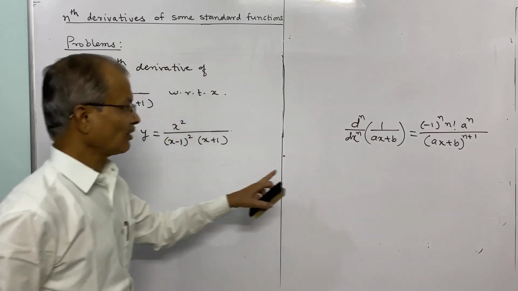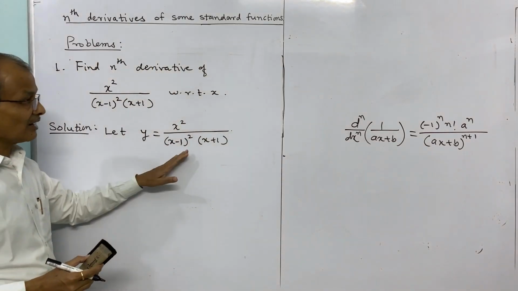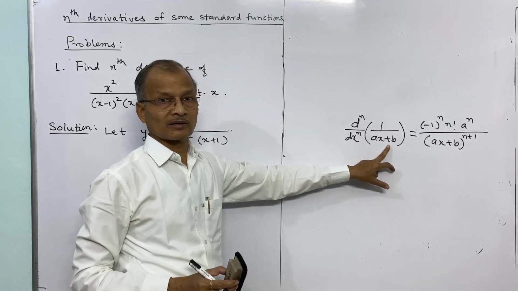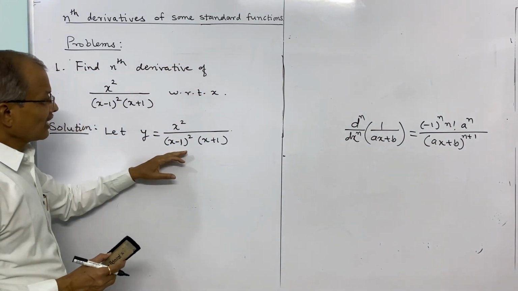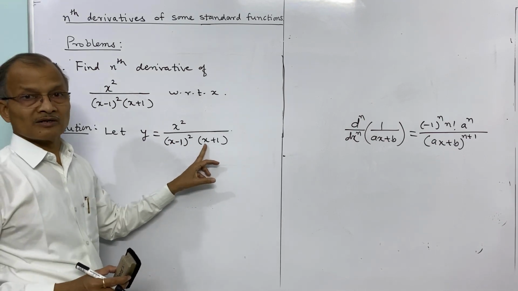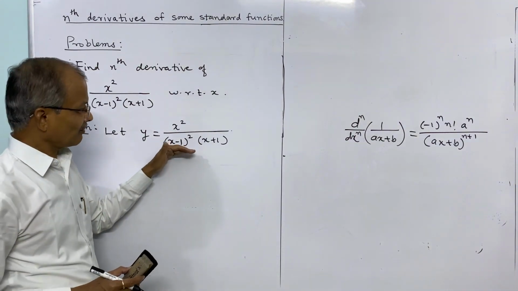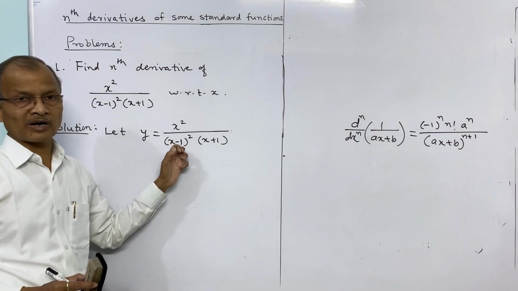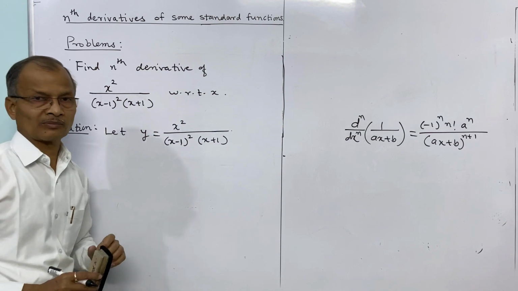But there is only a single linear, first degree term in the denominator. Here it is a quotient form, and the denominator also is a product. So what we get for this is partial fractions. So we shall first get the partial fractions and then use that formula.